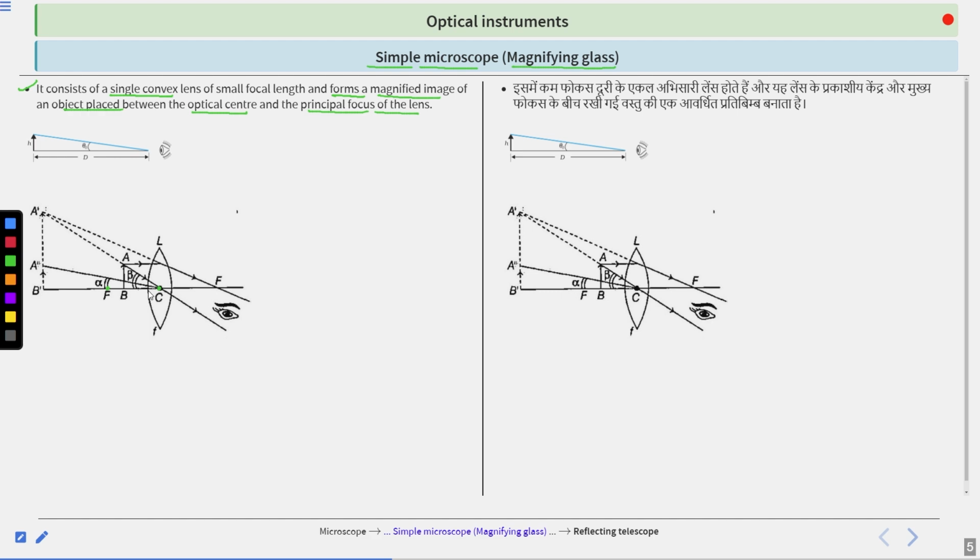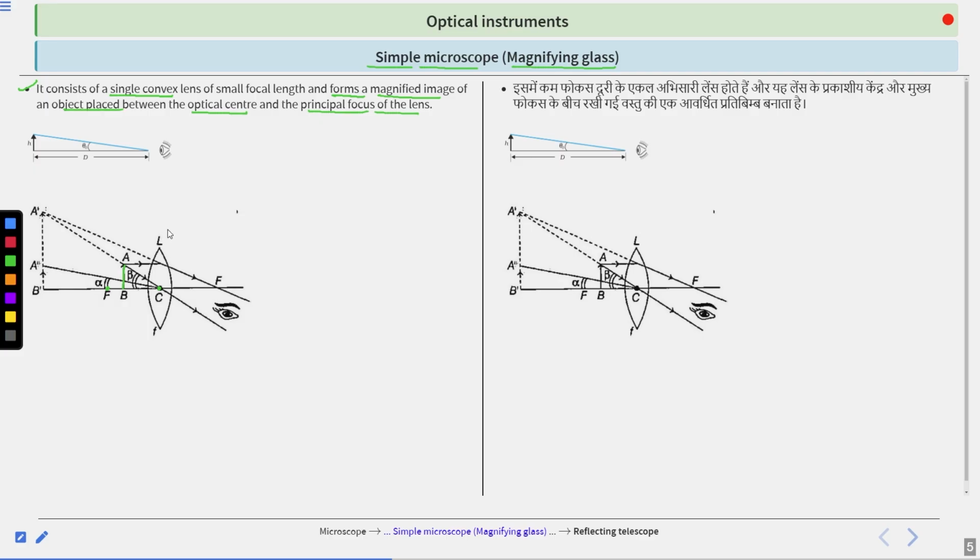When you want to magnify an image, the object should be placed between the focal point and optical center. Suppose AB is the object and A prime B prime is the magnified image of the object, which is placed between the optical center and principal focus. Clear? So the simple microscope is used to magnify the image and has only a single convex lens.